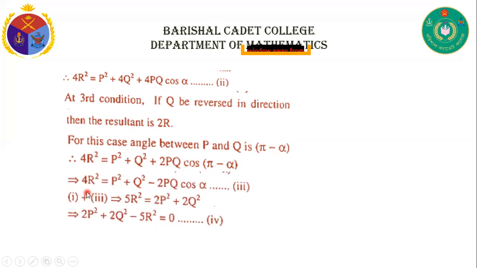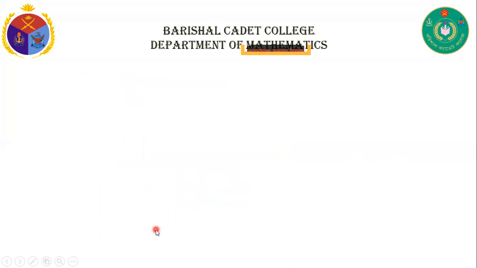So that is 4R square equals P square plus Q square minus 2PQ cos alpha, since the value of cos of pi minus alpha is minus cos alpha. Again, adding 1 and 3, we get 5R square equals 2P square plus 2Q square, that is 2P square plus 2Q square minus 5R square equals 0.